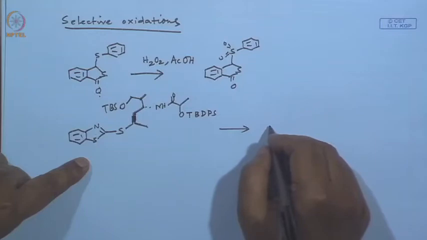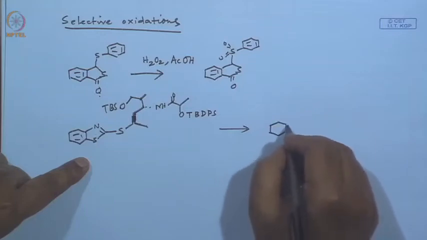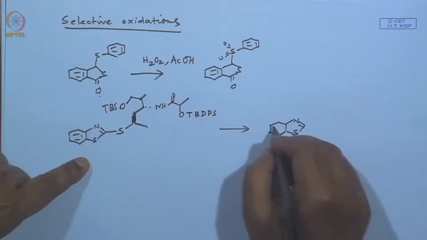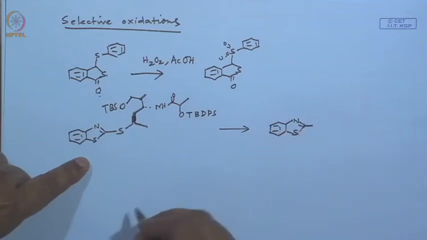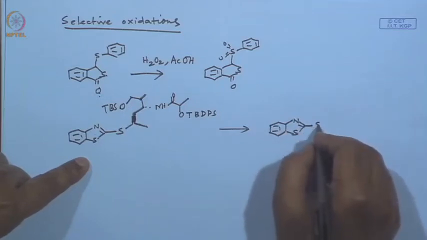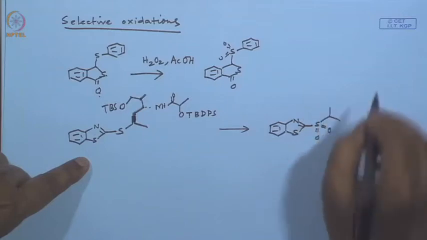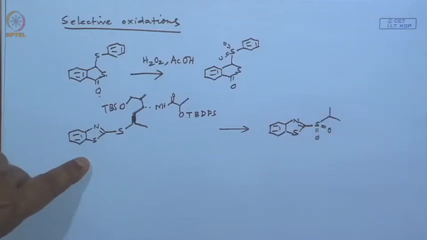Actually, this is a reaction you have been taught in the last year. So you selectively oxidize and make a sulfone up here, and the rest is the same. This is the Julia-Kocienski reaction.